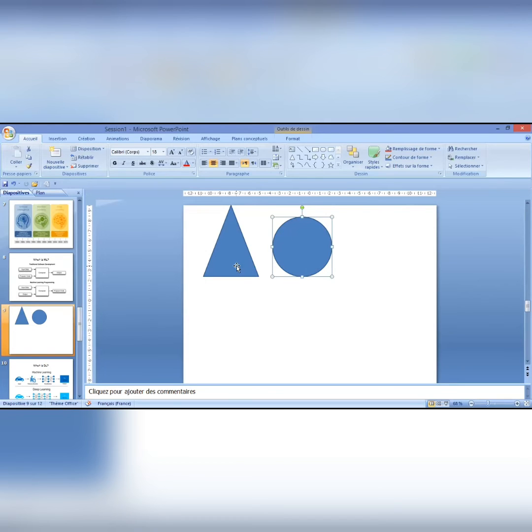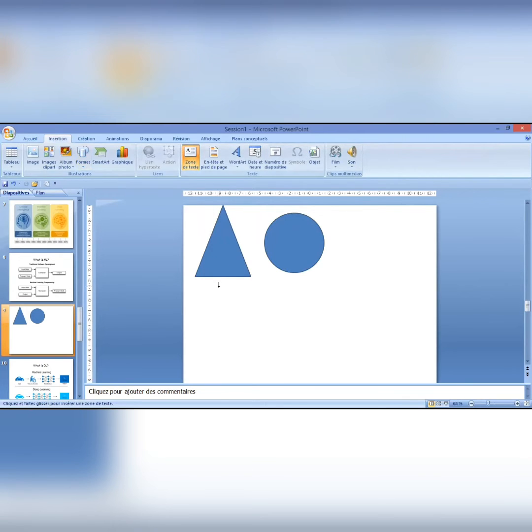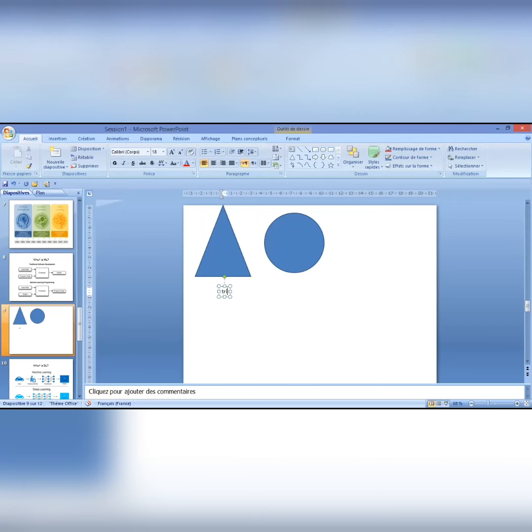Okay, so what actually happens to the machine? It actually sees this number of triangles, and you will have to say that this is a triangle, and this is a circle.